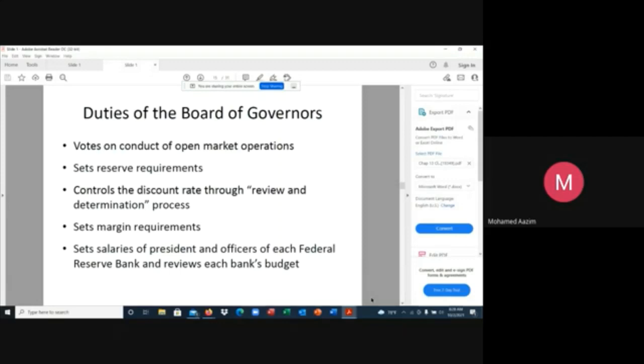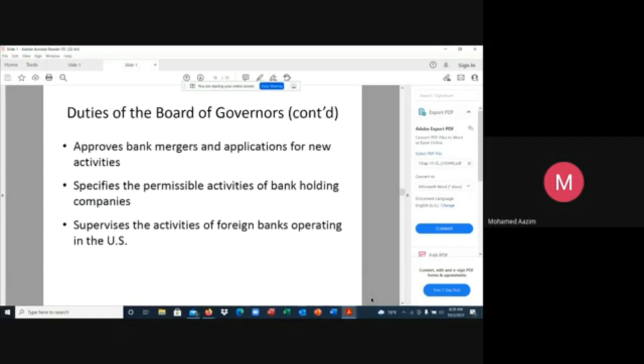And then the salaries, appointments, the budgeting, this is like any other institution. I don't want to get into this. These are decisions they arrive at based on whatever the circumstances. And they also look at final decisions in terms of consolidations, mergers, new business activities.